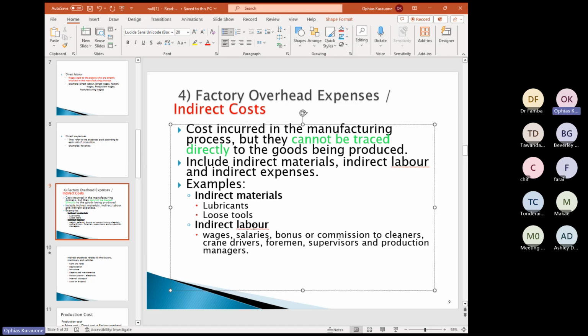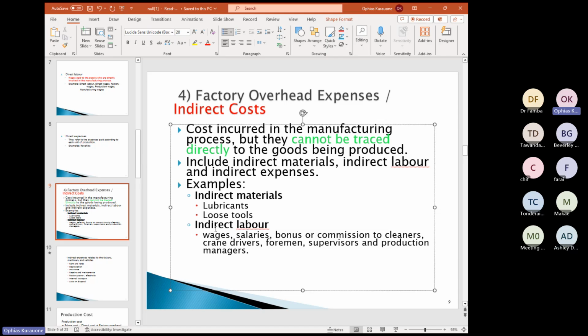Then indirect labor. Indirect labor in this case means the wages, salaries, bonuses, or commission paid to cleaners, crane drivers, foremen, supervisors, and production managers. These people are not directly involved in the manufacturing of goods and services.